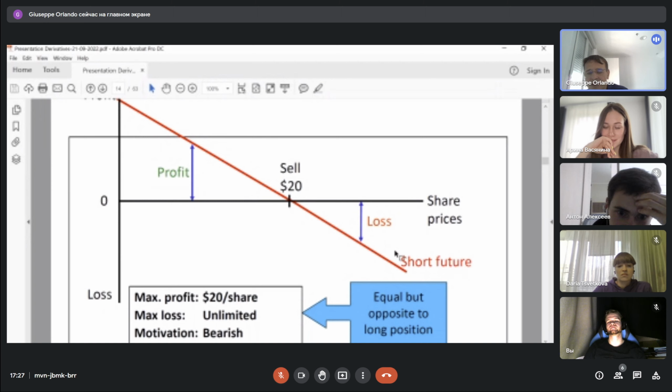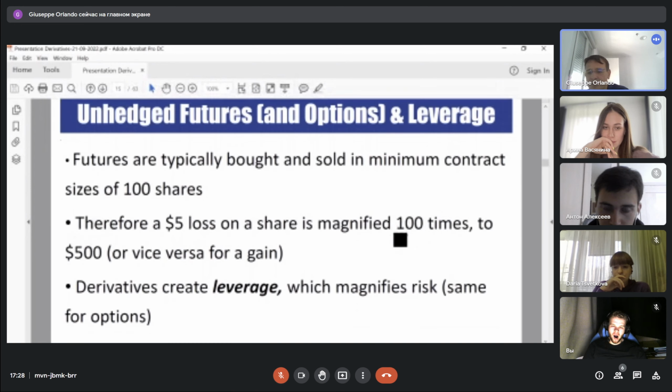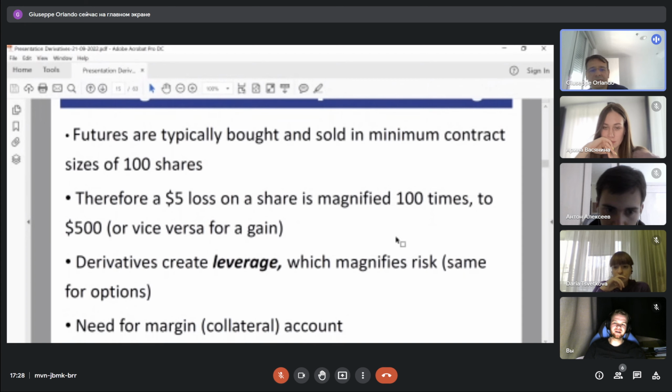Otherwise, if we are short, we are exposed to unlimited loss. So this is equal but opposite.